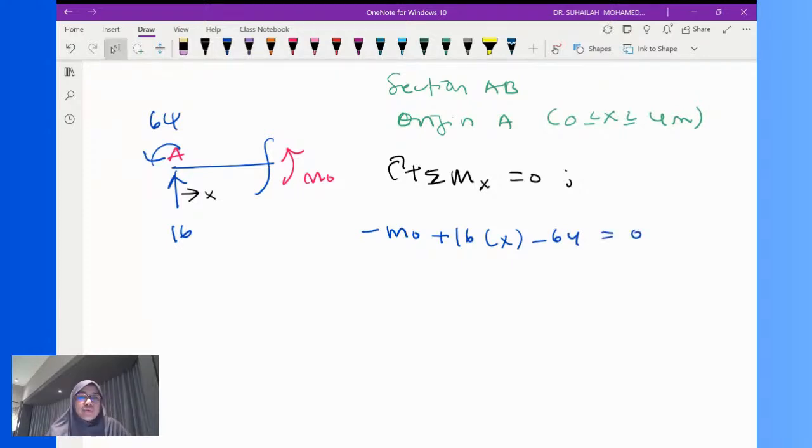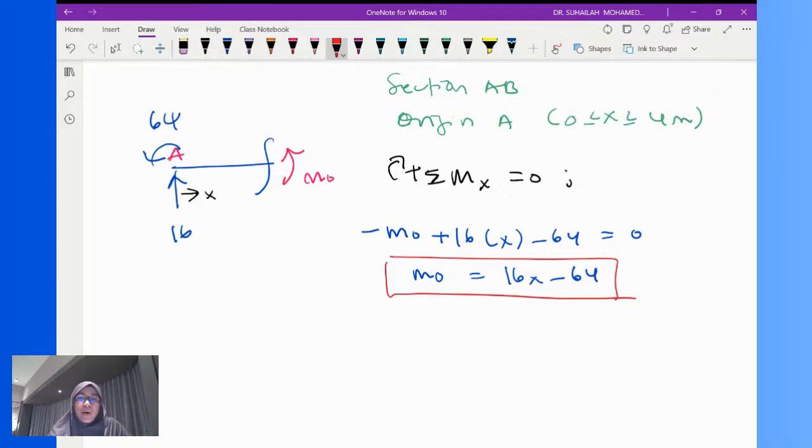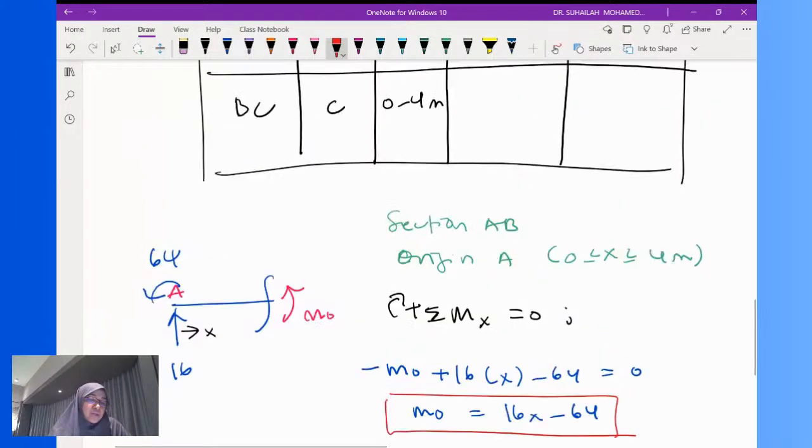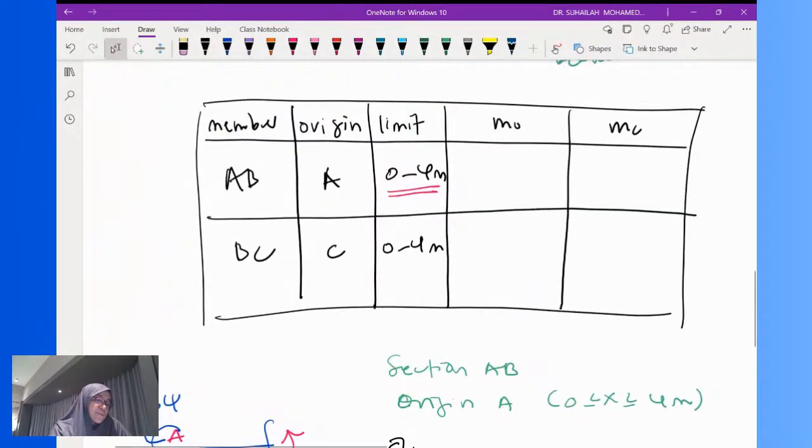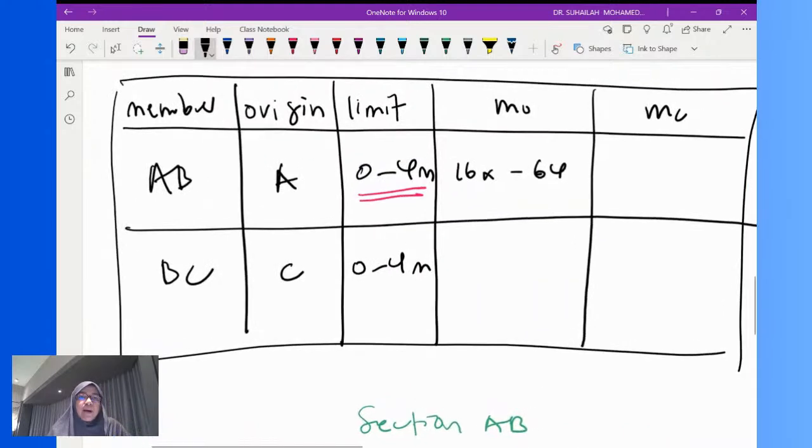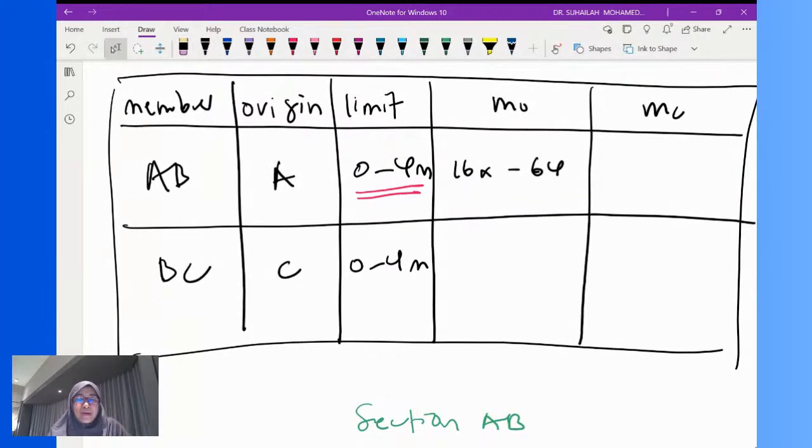And this is equivalent to 0. So M naught is 16x minus 64. This is the moment equation: 16x minus 64.